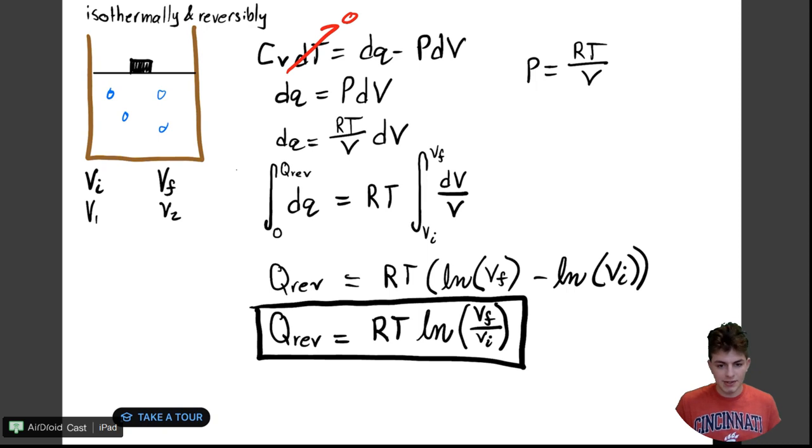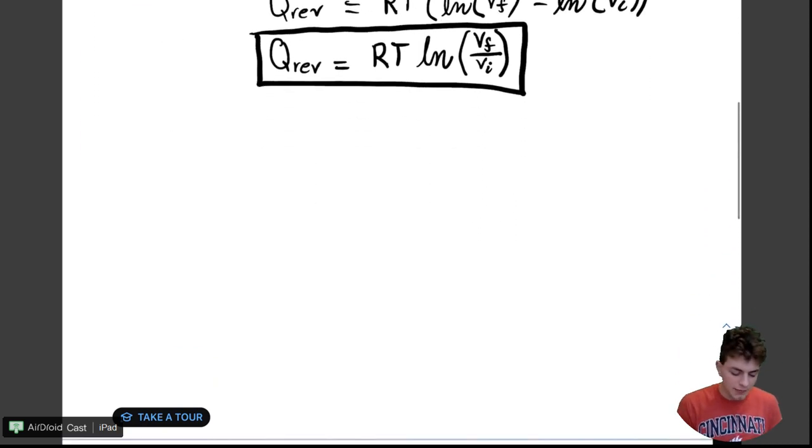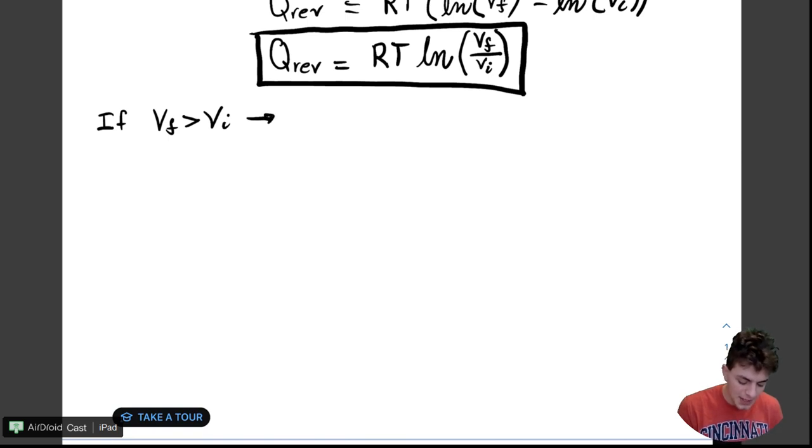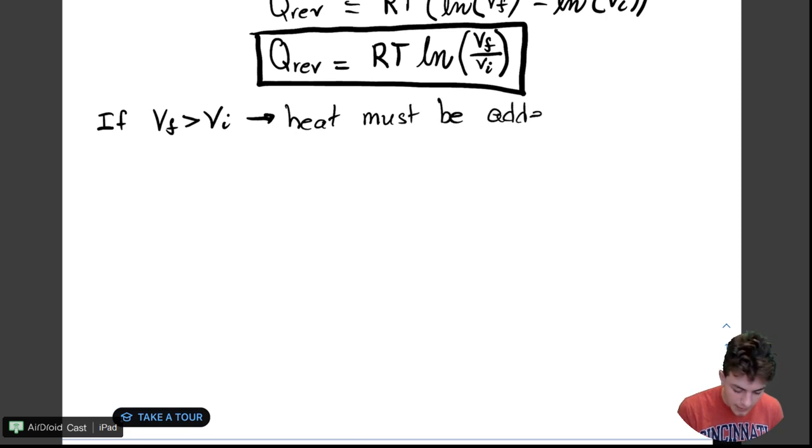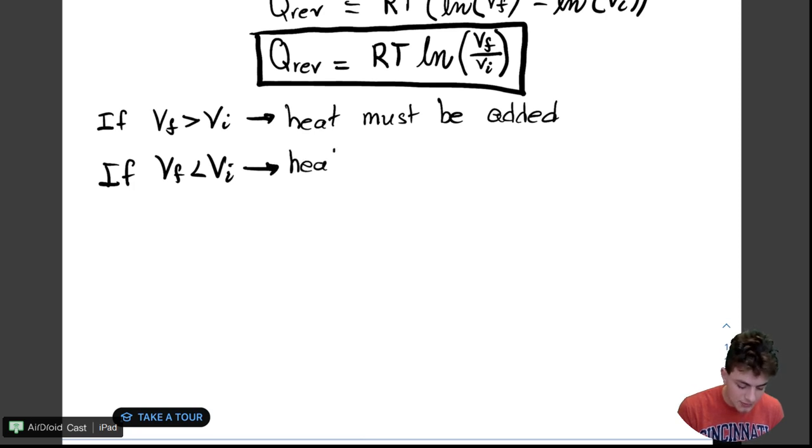What this expression tells us is that if, let's say, Vf is greater than Vi, as would be the case in some sort of expansion, then this ln term is going to be positive, and heat must be added in order to expand. Similarly, if Vf is less than Vi, or we've compressed the system, we must remove heat.